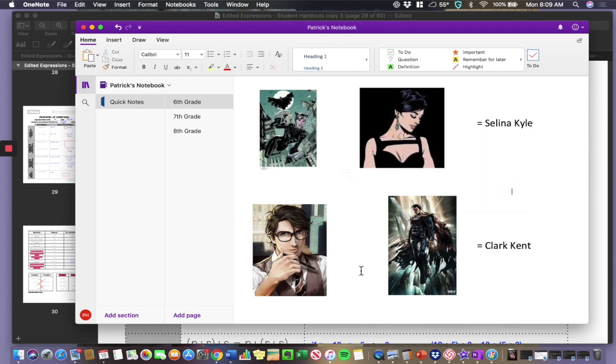But for example, Superman's real identity is Superman, but his secret identity is Clark Kent. He dresses up as Clark Kent as opposed to Selina Kyle, who dresses up as Catwoman. So Superman's kind of a unique comic book character in the fact that he changes his identity from Superman to go to his secret identity of Clark Kent, where, for example, Selina Kyle changes her identity to go to Catwoman.